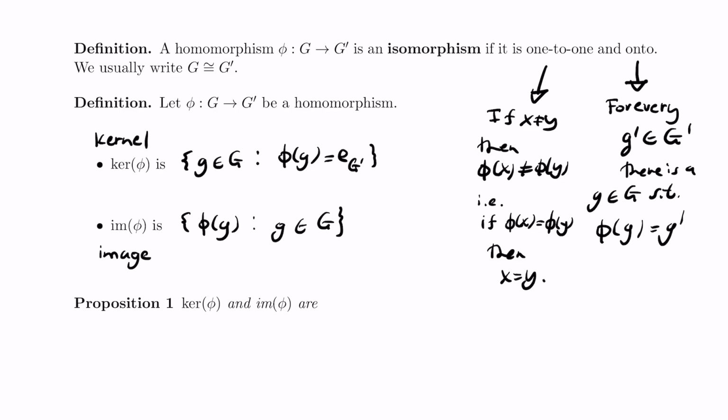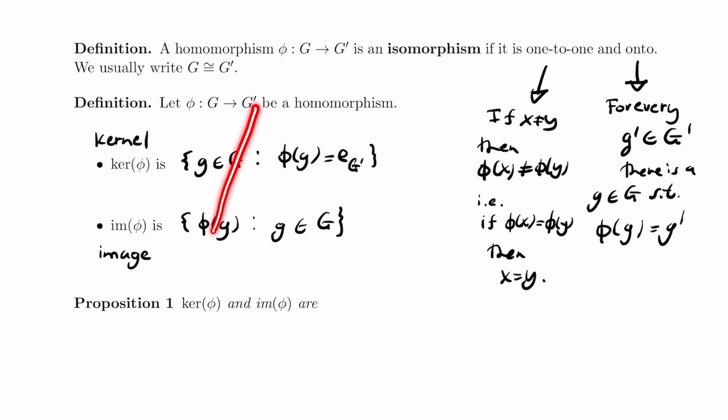So the big proposition is that both of these things are subgroups of the corresponding things that they lie in. So kernel of phi is a set of things in G that get mapped to the identity. So kernel of phi lives inside of G itself. Whereas image of phi is a set of outputs in G prime.